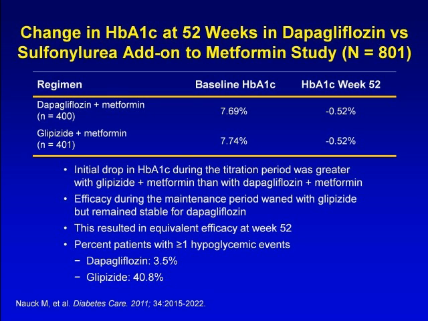However, it's not just A1C alone we should be looking at, and when we compare the rates of hypoglycemia between dapagliflozin and glipizide added on to metformin, it is substantially higher with glipizide as compared to dapagliflozin. Also, there is weight loss with dapagliflozin added on to metformin, and either weight gain or no change in weight with glipizide added on to metformin over 1 year.